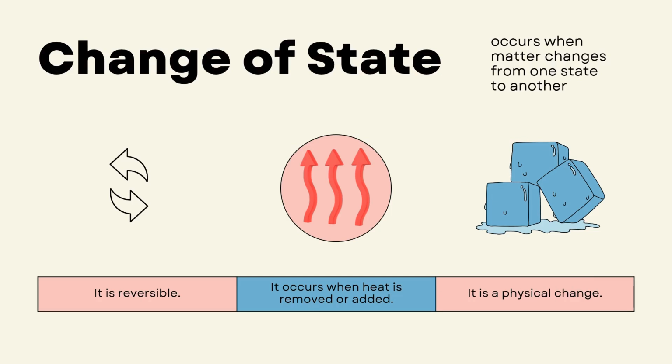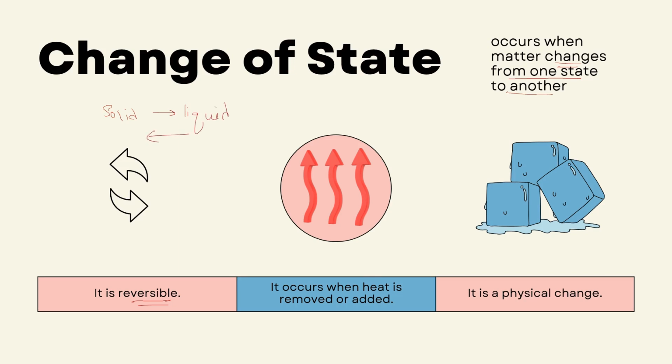Change of state. Now what is change of state? Change of state occurs when matter changes from one state to another. It is a reversible process. That is, if a solid changes to liquid, you can change it back to solid.